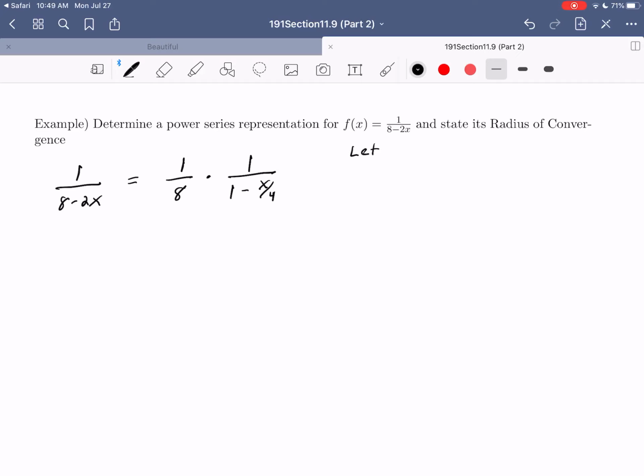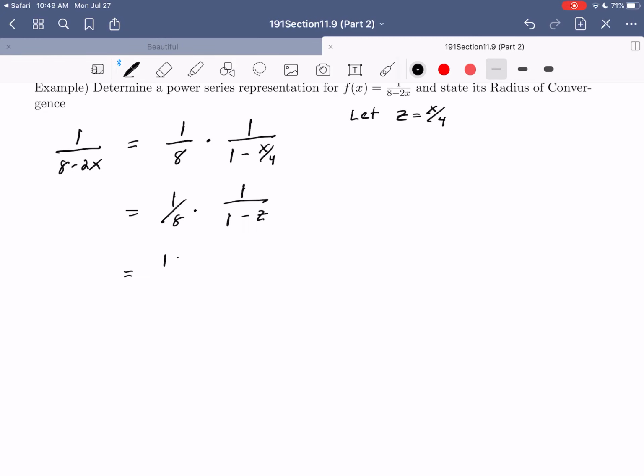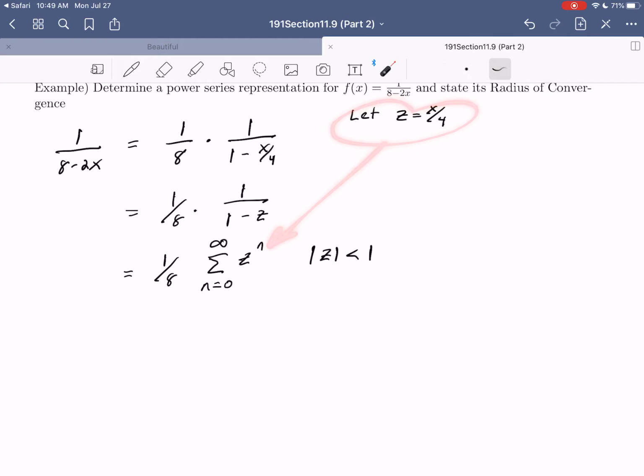Now we can let z equal x over 4. So it looks like we have 1 over 8 times 1 over 1 minus z. And now we're ready to replace that. 1 over 8, sum n equals 0 to infinity, z to the n, as long as absolute value of z is less than 1. All right, pop this guy back in there.